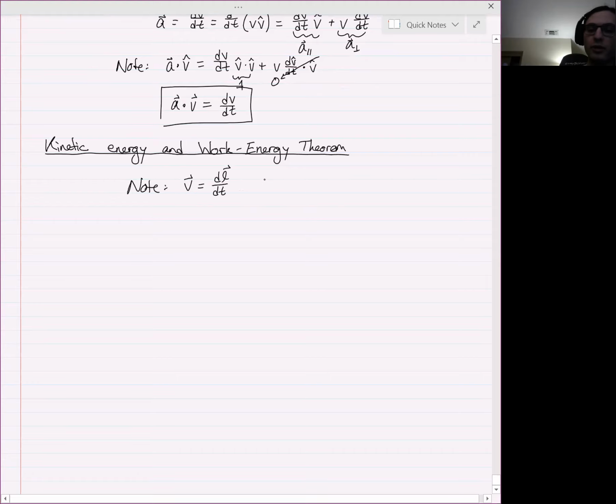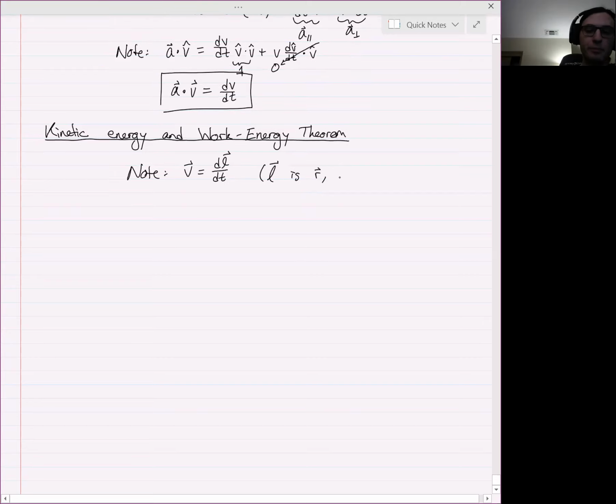Here, L is like displacement or position r, but it has a defined path. I'll just give a quick example.